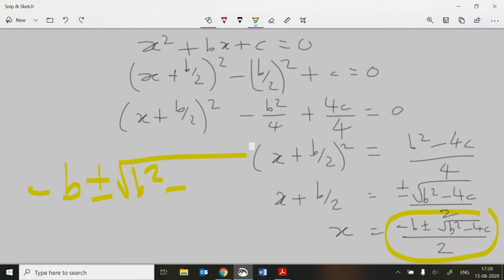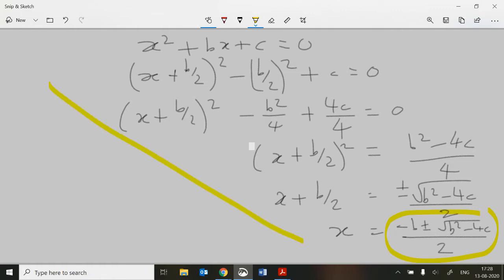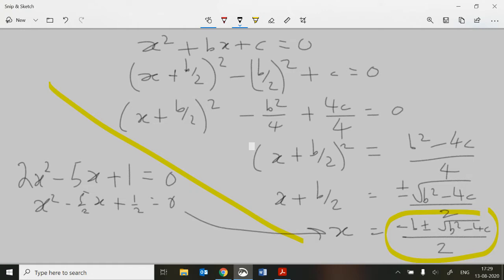Okay. As I said a moment ago, let's just give ourselves a little space over here. If you had something like 2x squared minus 5x plus 1 is equal to 0, then if you divide it throughout by 2 to start off with, you get x squared minus 5 over 2x plus 1 over 2 equals 0. Then you could use this formula here.